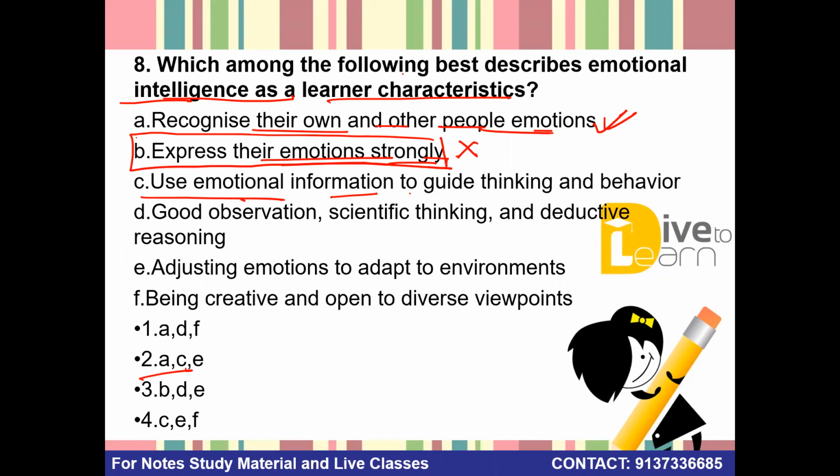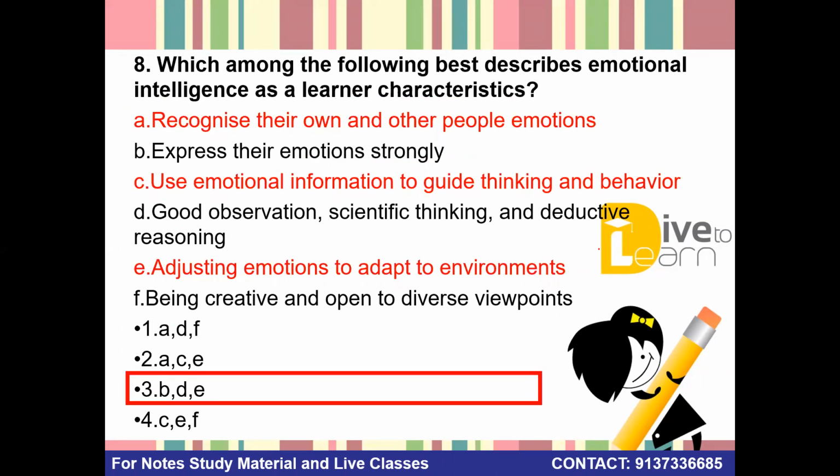Use emotional information to guide thinking and behavior. Okay. E is adjusting emotions to adopt environment. So yes, it should be ACE. It was marked wrong here. ACE. 2 is the correct answer.